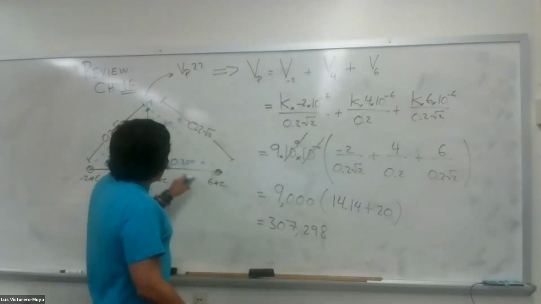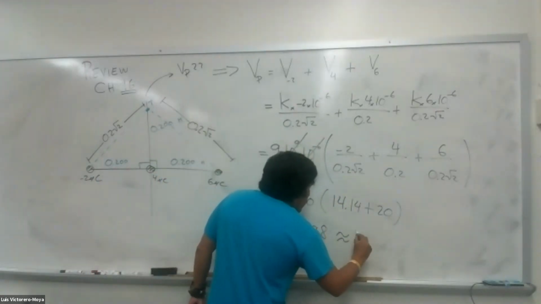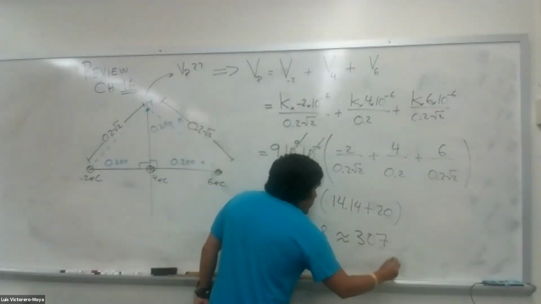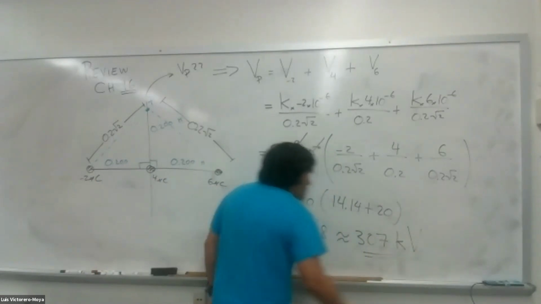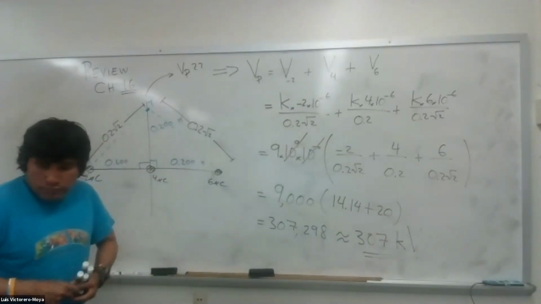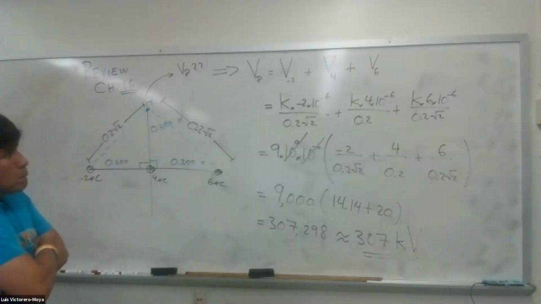I only need 3 sig figs, so this can be rounded to 307 kilowatts. Any questions about that?